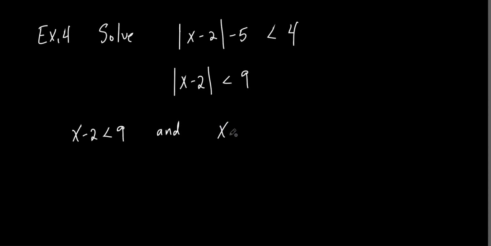Let's get rid of the absolute value, make it x minus 2, and we just keep it like that. And then what do we do to that 9, though? Well, I don't just write it again the same way here, because then I get the exact same answer for both of them. What did we do earlier? We make it negative, right? So I keep all this the same, but what do I do to that 9? I make it negative.